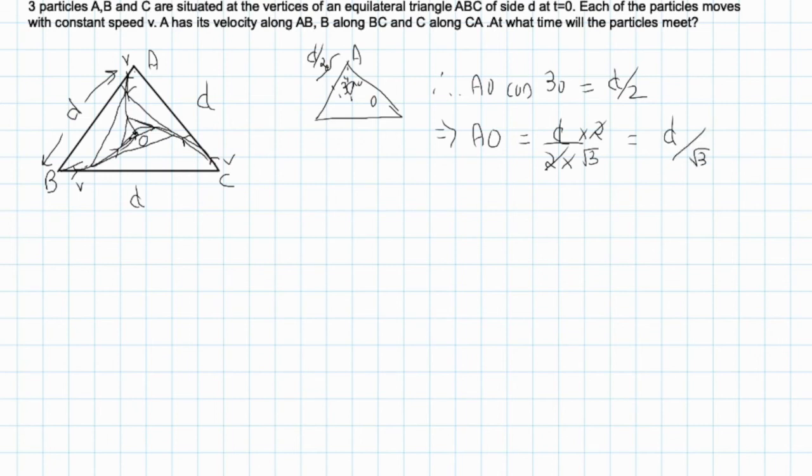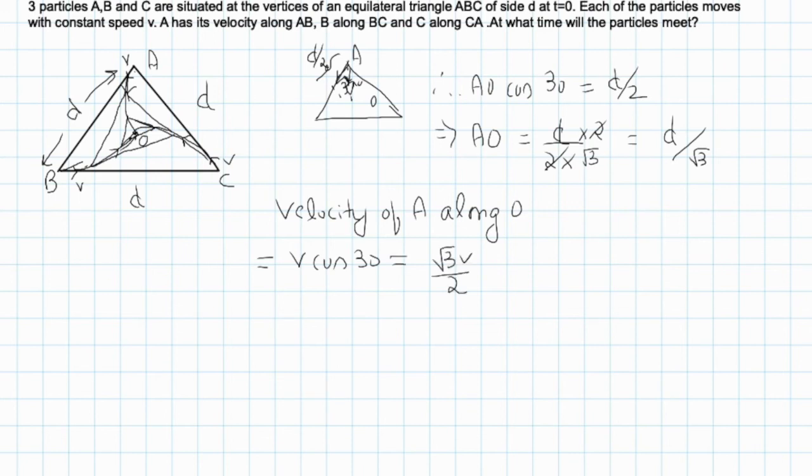And velocity of A along AO will be V cos 30. As you can see, this is V, so this has to be V cos 30, which is root 3 V by 2. Now this velocity along AO is the rate of decrease of distance AO.